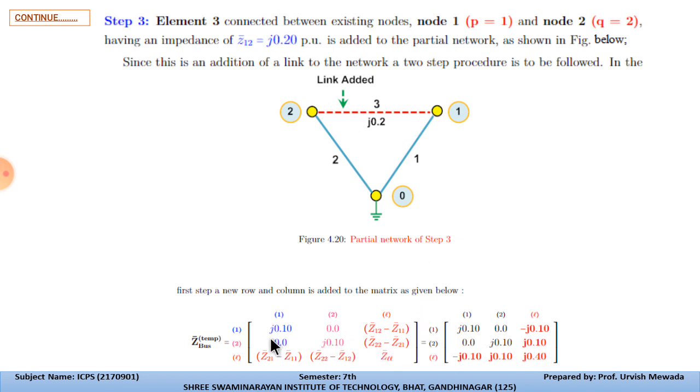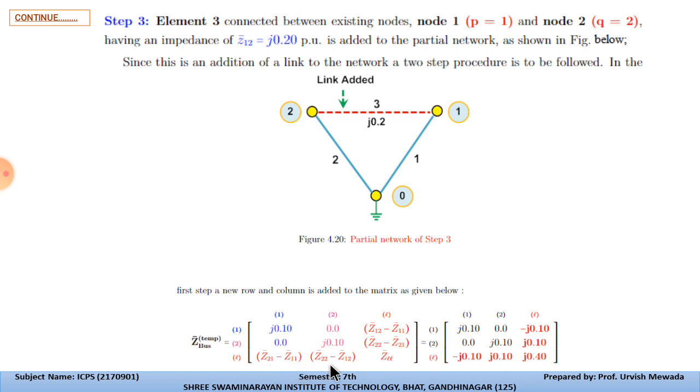0.1. Now this is the column matrix, and this is the row matrix, so this is Z12 minus Z11. It will become the reciprocal of this first term: Z12 will become Z21, Z11 will remain the same, because if we interchange the link and the row, it will be as it is.